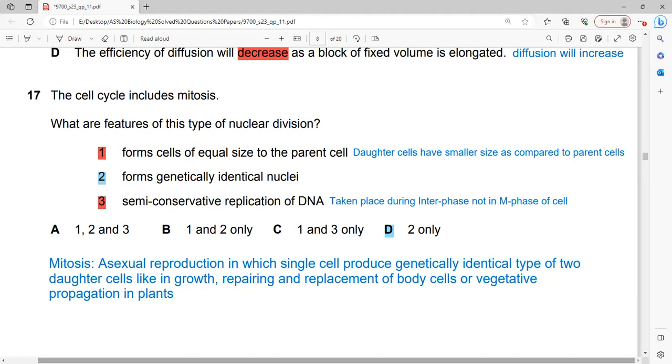Yes, it is a form of semi-conservative replication of the DNA, but this is not part of the M phase or nuclear division phase. This is part of the interphase of the cell. So that's why 3 is a wrong option, because it's not relevant to nuclear division. In this way, only 2 is our correct option.